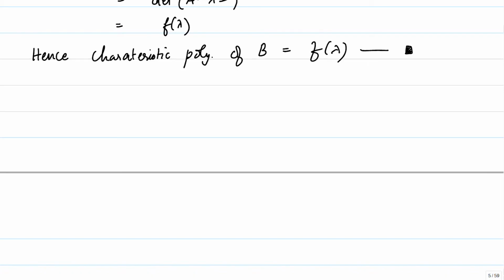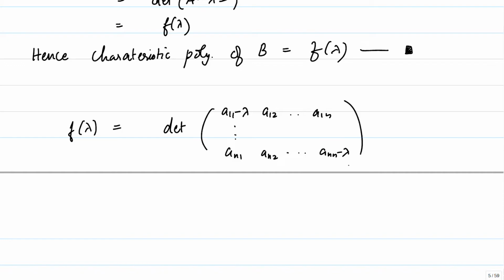Before we jump into any more properties, let us notice what we are doing when we are computing the characteristic polynomial. Notice that f of lambda is just the determinant of the matrix with entries a11 minus lambda, a12, up to a1n, and so on down to an1, an2, up to ann minus lambda. So you can think of this as the determinant of a matrix which has polynomial entries, polynomials in lambda, the indeterminate being lambda.